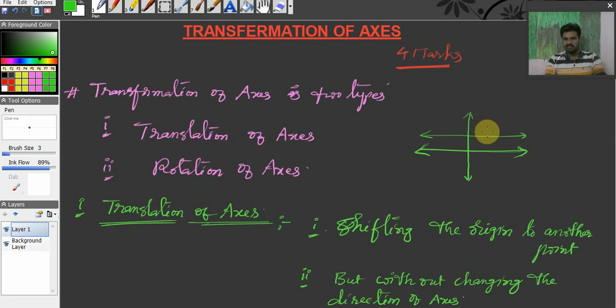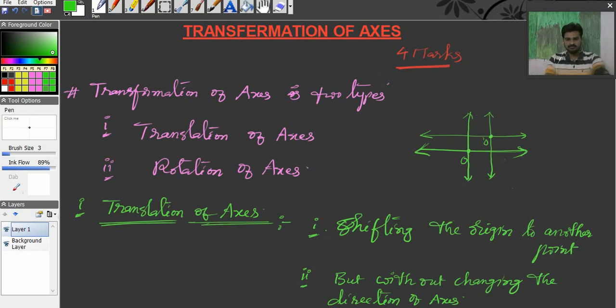In the same way we can move the y-axis either left or right. Now what will be changed? In the old system the origin is O. Now in the new system the origin will be changed. That means the origin has been shifted to another point, which can be taken as O dash. So this is the simple explanation of the translation of axis.